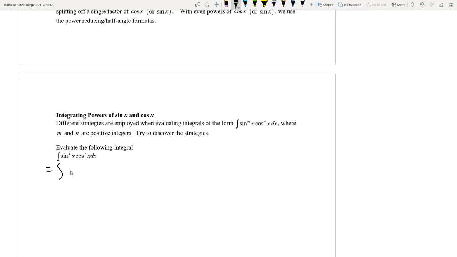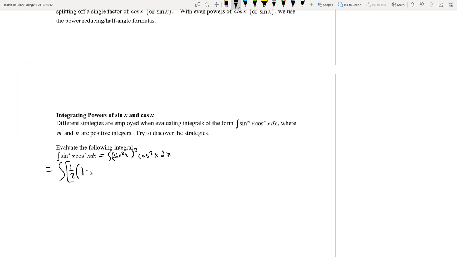So this is sine squared. I'll go ahead and write that over here, save myself some room. So this is going to be sine squared of x times cosine squared of x dx. And so we'll go ahead and use power reducing.